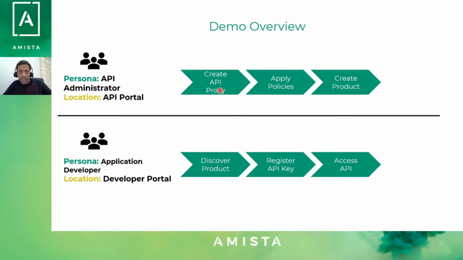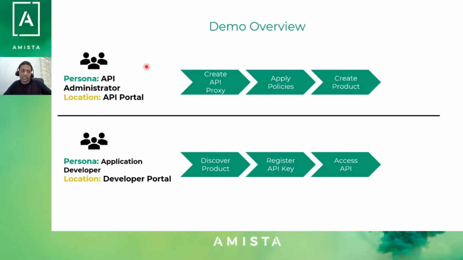In this demo, I'll be using an S/4HANA system as the backend system, which provides the real API, and I'll build this API proxy on top of it. Then I'm going to apply security policies on top of this API proxy to make it more secure, and finally bundle this API into a product.